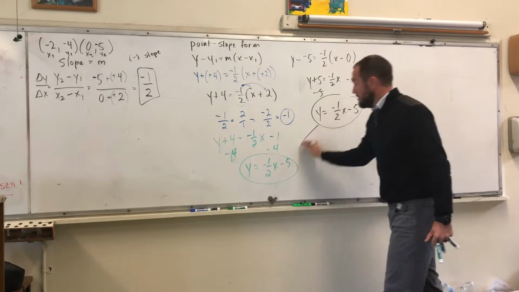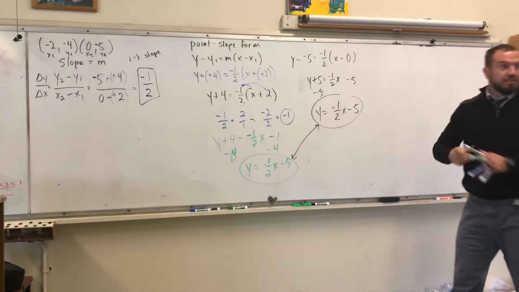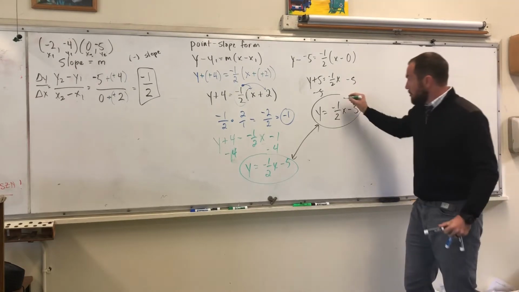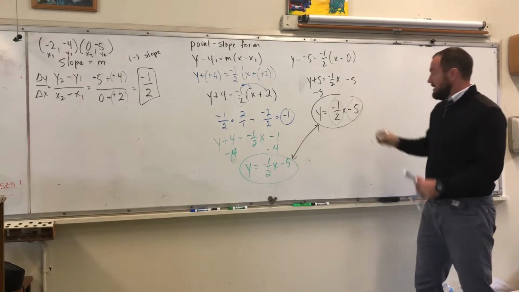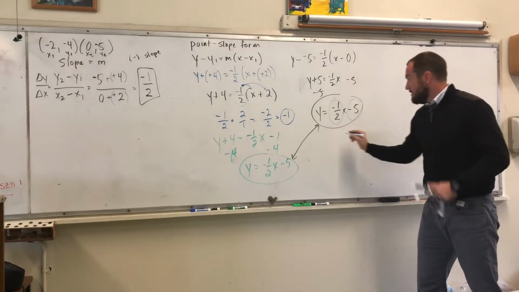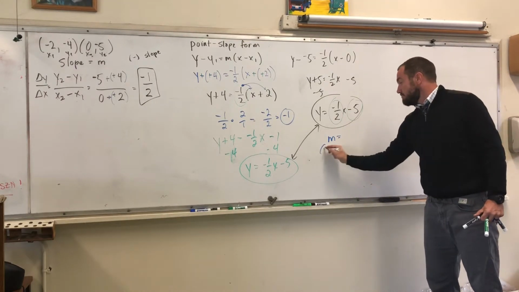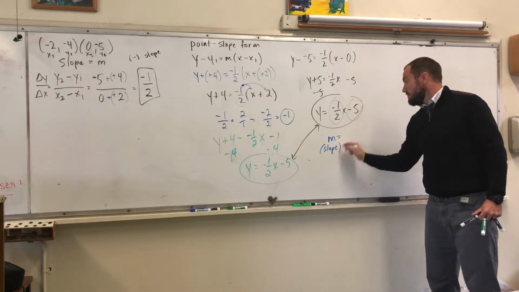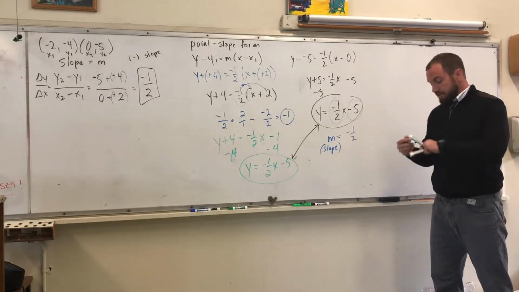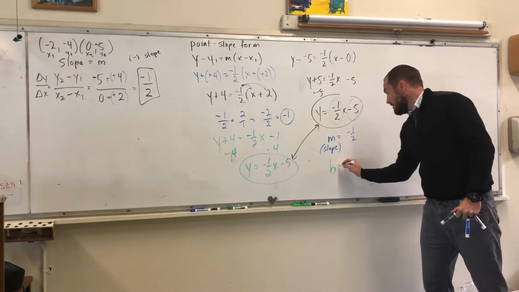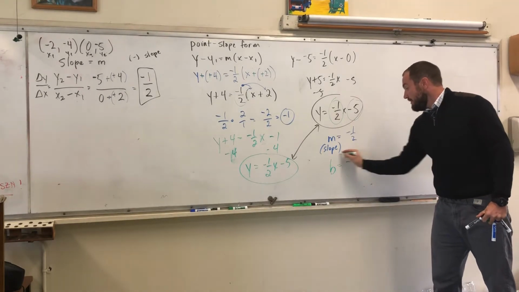We have a match. Now this slope-intercept gives me 2 pieces of important information. It gives me a slope and a y-intercept. We represent that with an m, our slope, negative 1/2, and a y-intercept, negative 5.